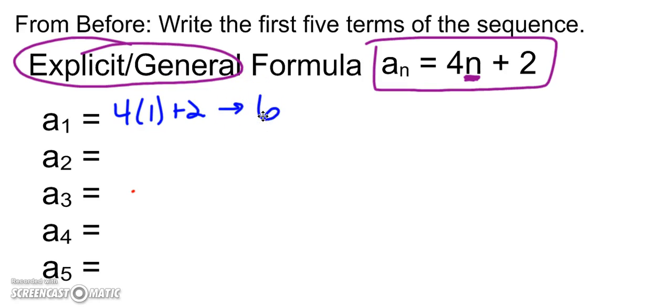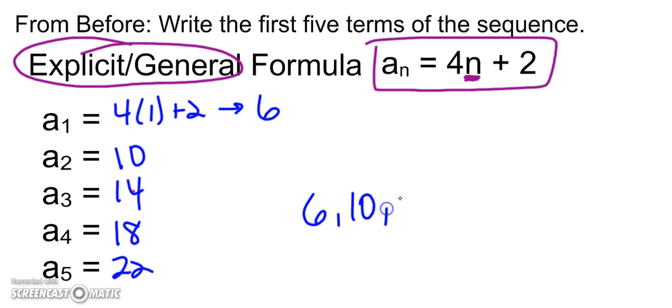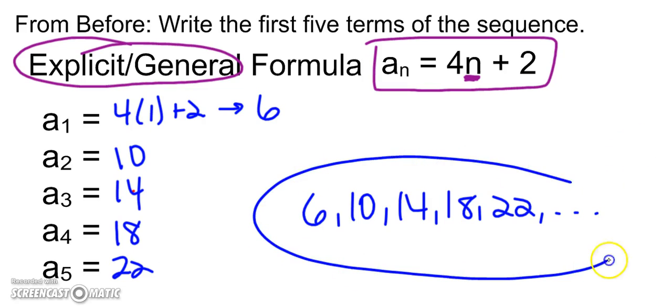A sub 2 then is 4 times 2 plus 2, which is 10. 4 times 3 plus 2, which is 14. 4 times 4 plus 2, which is going to be 18, and then 22. So the first 5 terms of this sequence are 6, 10, 14, 18, 22, dot, dot, dot. And that's based off of this explicit or general rule.